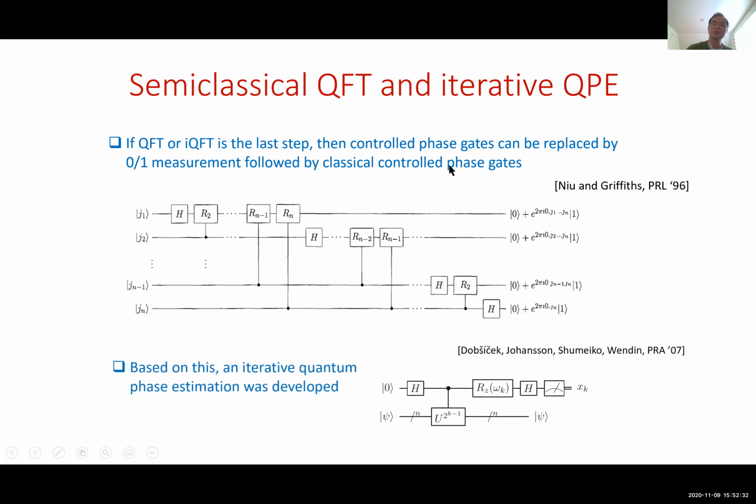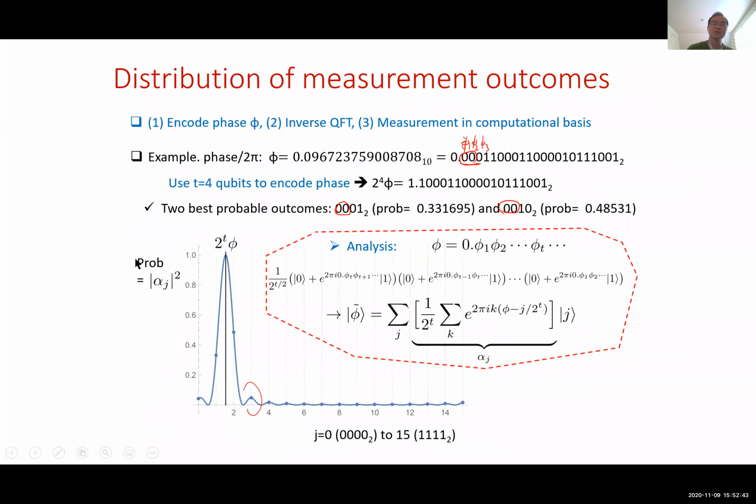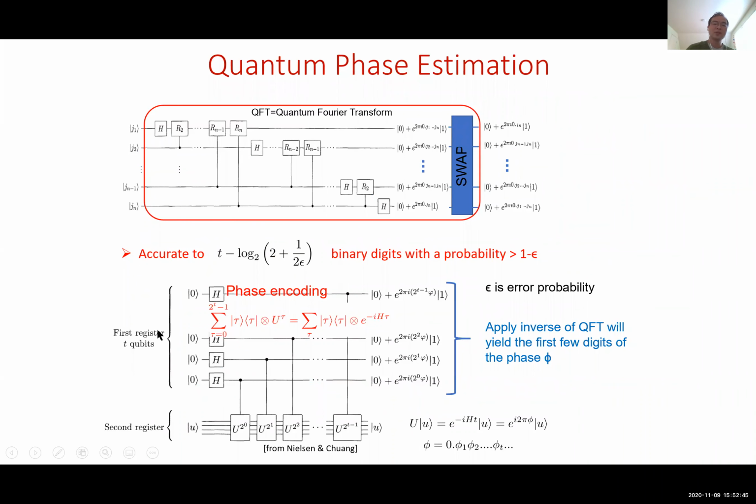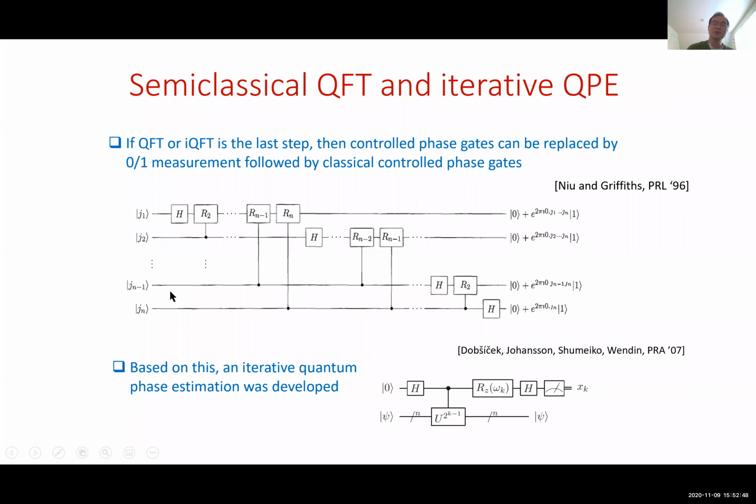And this picture also leads to the so-called iterative quantum phase estimation, meaning that you only need to have one ancilla qubit. Let me just go back. Here we need to have T qubits. You only need to have one, but each time you have to refresh it to 0. Once we read out, this is the one that is raised to the most significant power.